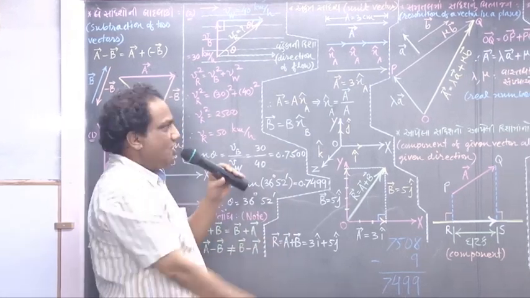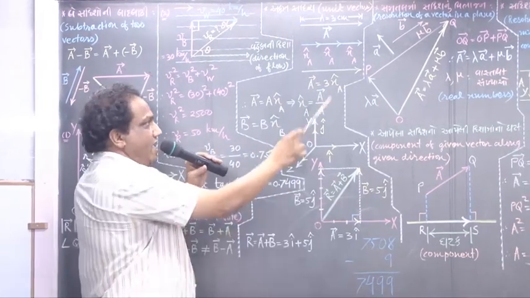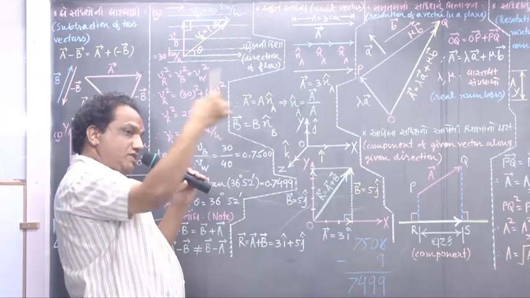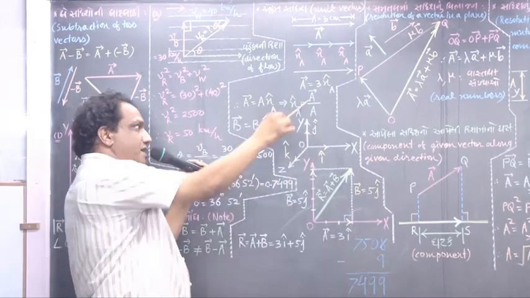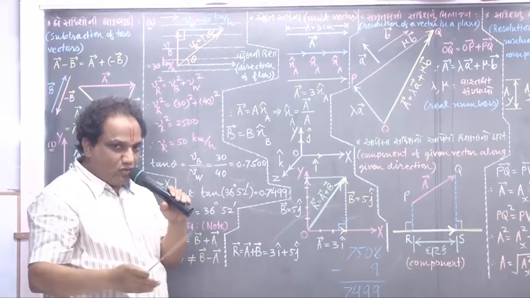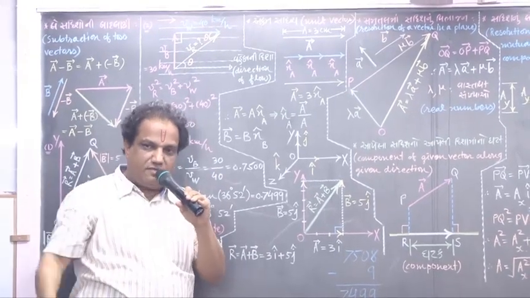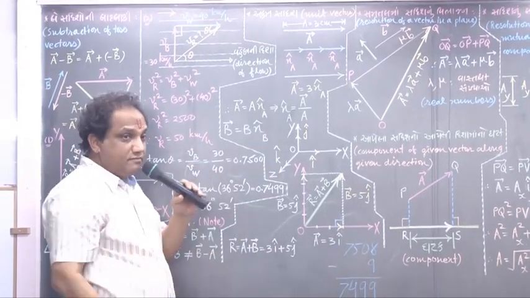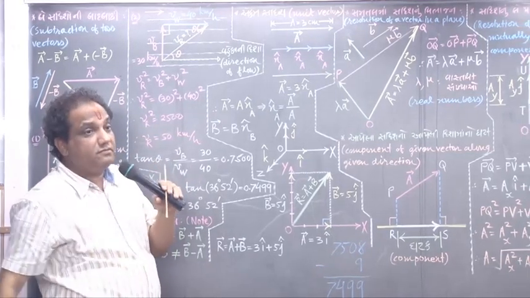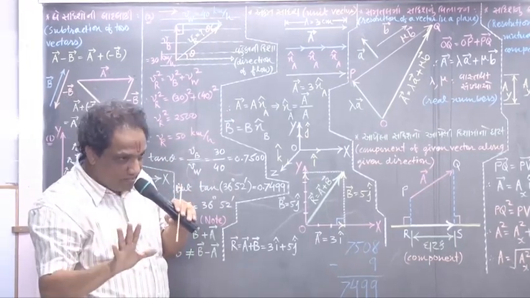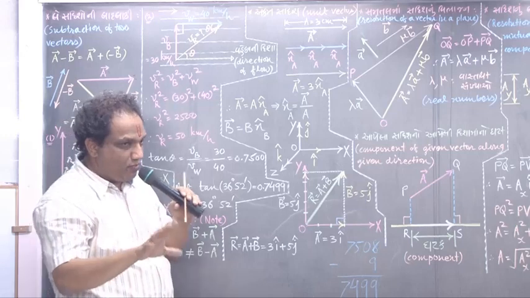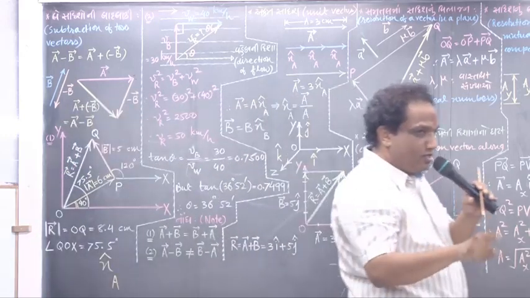Thus, whenever any vector is divided by its magnitude, we get the unit vector in the direction of that vector. Simple. Vector divided by magnitude is equal to unit vector.